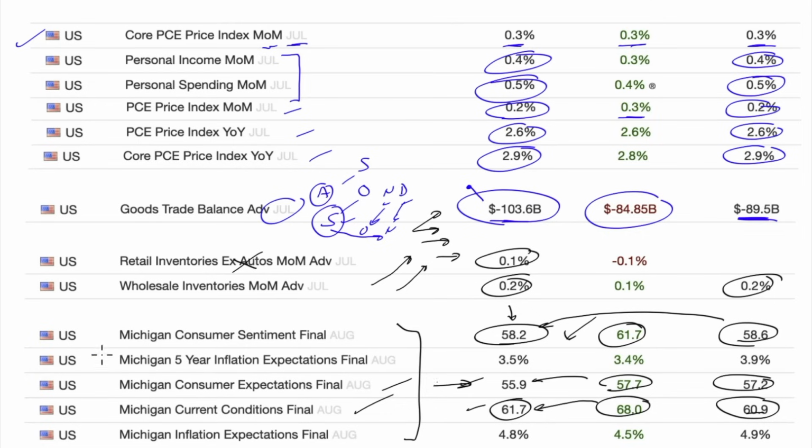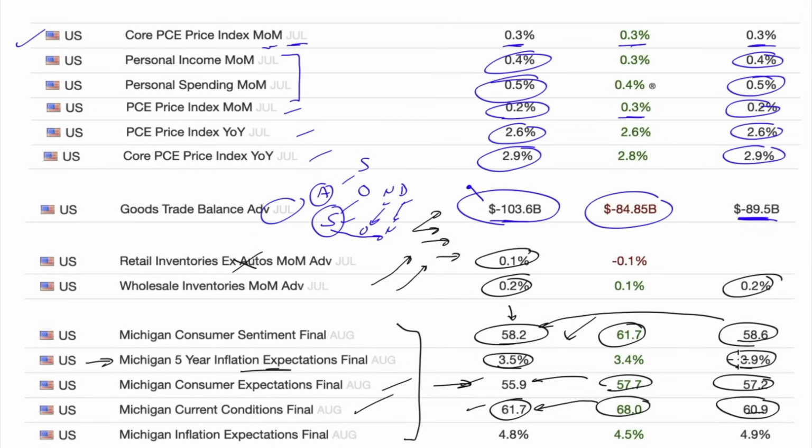And I don't know that I'm a big fan of any of these numbers here. Michigan 5-year inflation expectation, 3.5 versus an expectation of 3.9. Asking consumers, what do you think about the next 5 years here? What's your view on this? That's just an opinion. I don't know that it's well informed as much as it is conditioned by how they see things or what they buy or what they're experiencing.